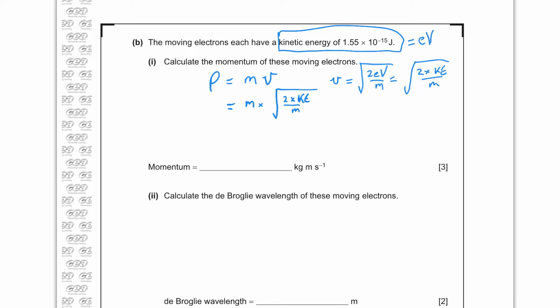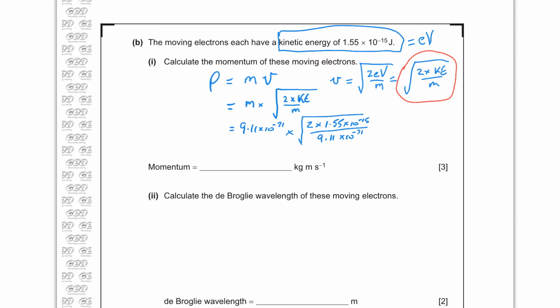Now there are two schools of thought here. There's one school of thought that says I should work out v and just stick it in with the m. But there's another school of thought that says you write an expression and then you substitute once very carefully, and that way you've only got one place where you can make a mistake rather than multiple places. So I prefer to write out the full expression for what I'm trying to find and substitute once.